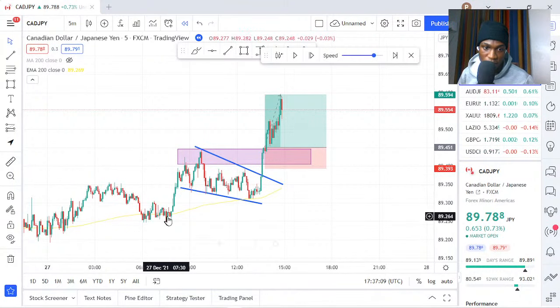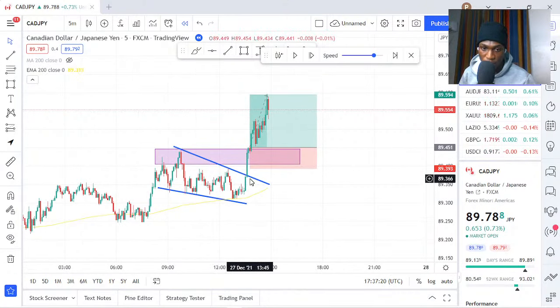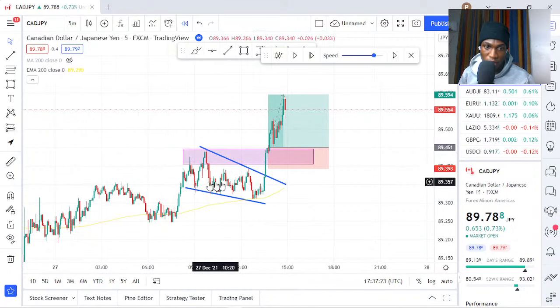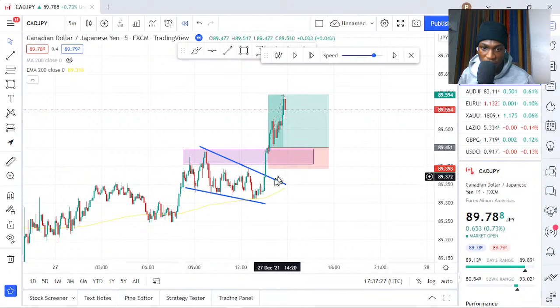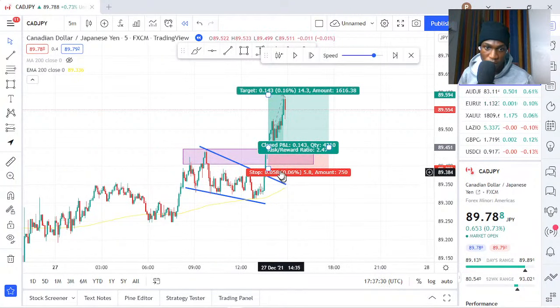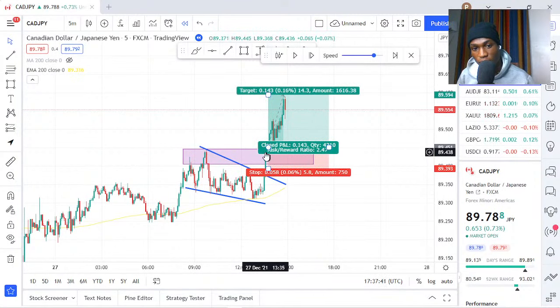It bounced, and it has bounced again, failed to break down below the moving average. That's also a confirmation. You can also use your candlestick patterns as a confirmation. So this is like 3 confirmations: the bullish flag pattern, the moving average, and this is also a breakout. So you can choose to hop on this trade because you've seen a breakout from the resistance of this bullish flag pattern.